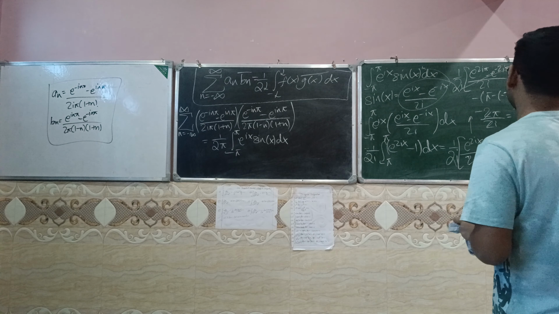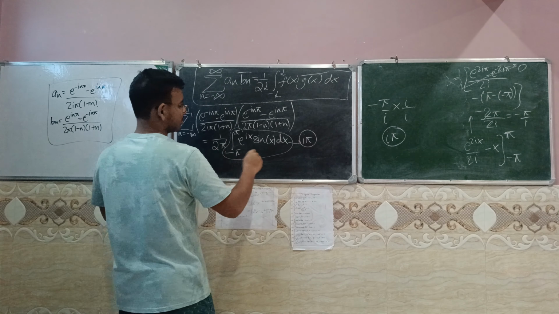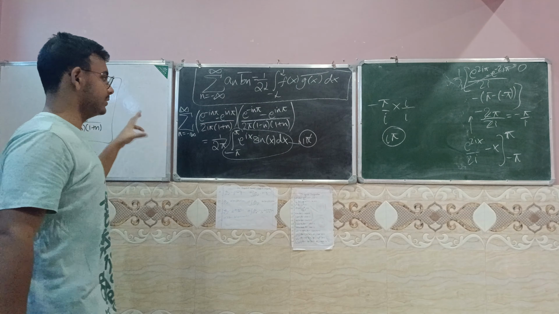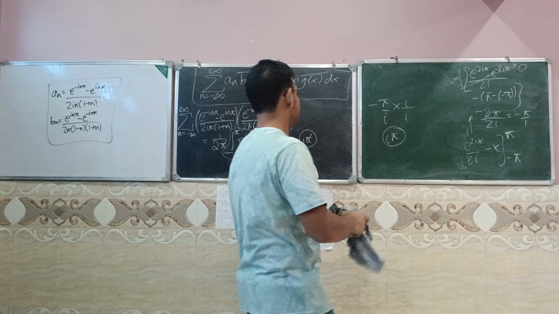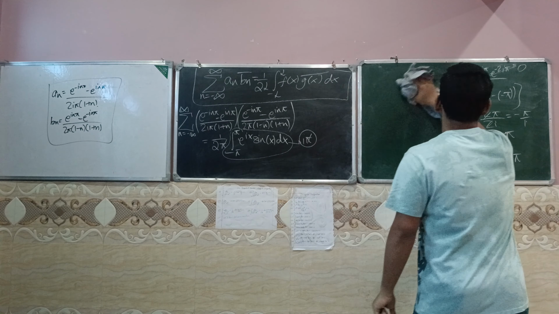So this integral right here is i pi. So we just got rid of these pi's, and finally this sum from negative infinity to infinity equals i over 2 actually, not pi.